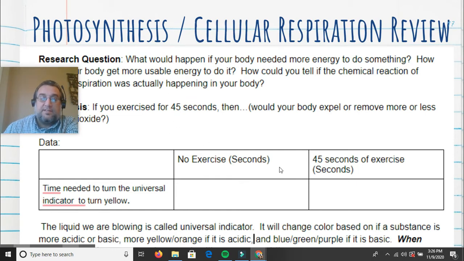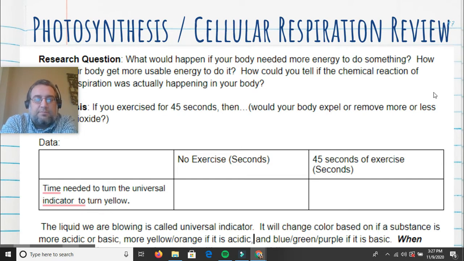How we're going to do this is with a liquid called a universal indicator. It's going to look green to start because it's slightly basic. If it turns yellow, that means it's turned slightly acidic, and carbon dioxide will do that. Carbon dioxide in water makes a very weak acid called carbonic acid, and any soda is technically a carbonic acid.